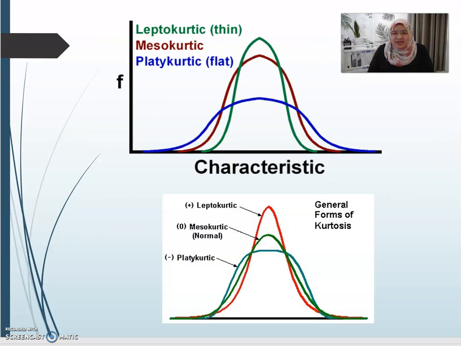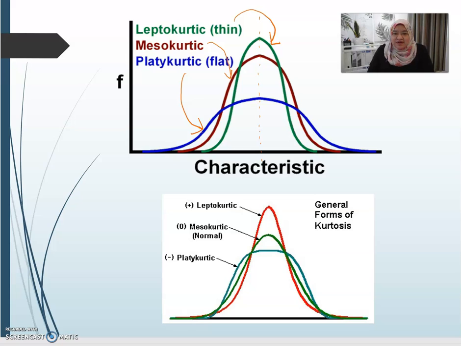This is what we call a flat kurtosis, which means that your data is still in a normal distribution but with a very flat curve. This is a normal distribution with a normal kurtosis, and the green one is what we call thin kurtosis.